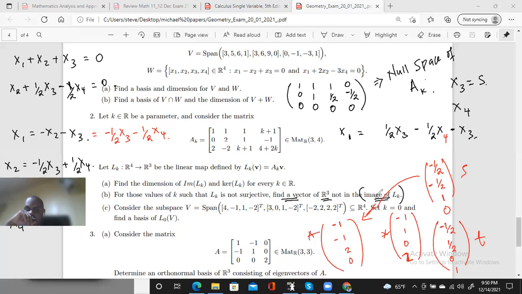But the question says "for those values" with the S, it's a plural. So how do you know when k, for example, if k equals 1, it might have a kernel? If k equals 1, it's going to have a kernel, yes, but it's going to be surjective. Being surjective doesn't mean that you don't have a kernel.